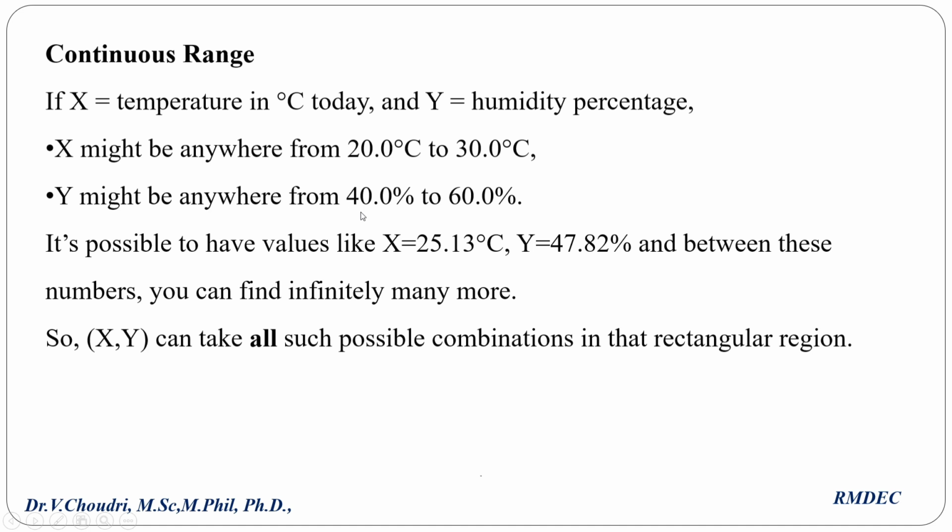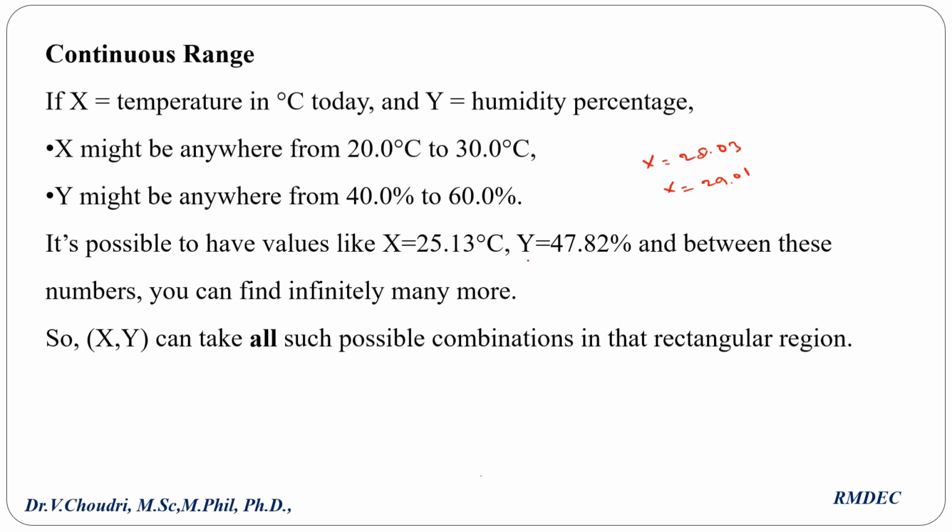The temperature may be 25.13 degrees Celsius, or 25.02, or 25.15, or x equal to maybe 28.03, or x equal to 29.01. So we can take several values, not only exactly those. From 20 to 30, we can take an infinite number of values.